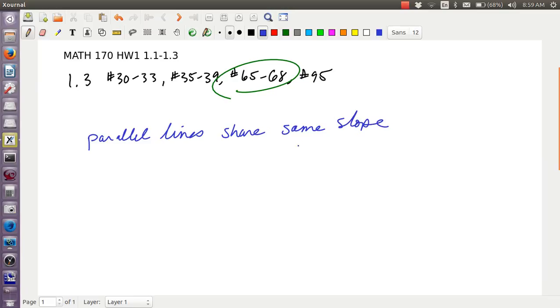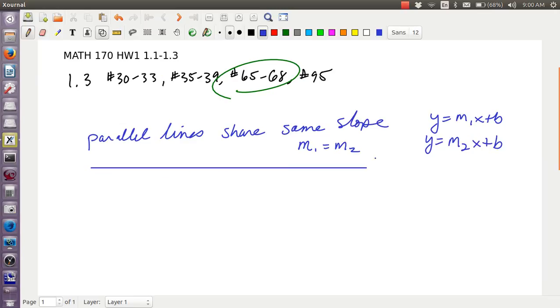So in this case, m1 equals m2 says that if you have a line y is equal to m1x plus b, and another line y equals m2x plus b, if the two slopes are the same, then the lines are parallel. But perpendicular lines, well, you either have one slope equal to 0 and the other slope equal to infinity.